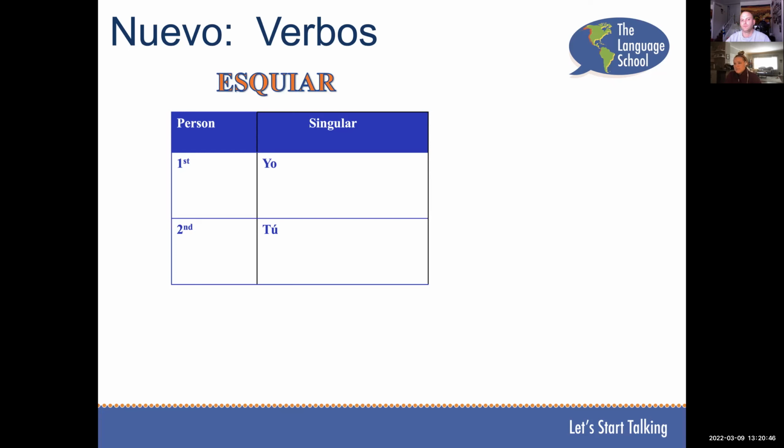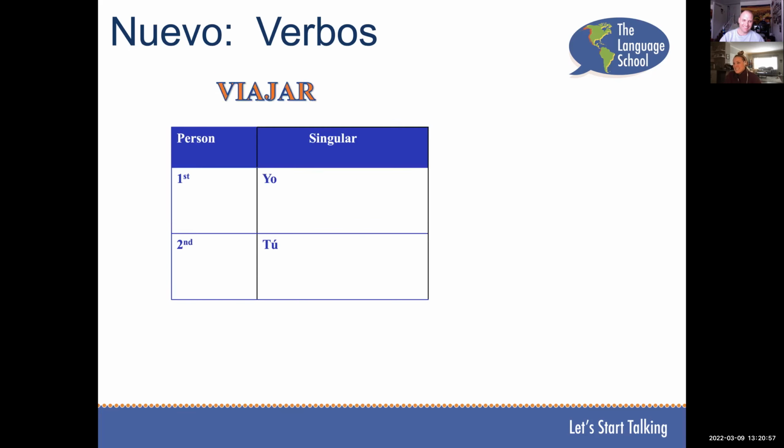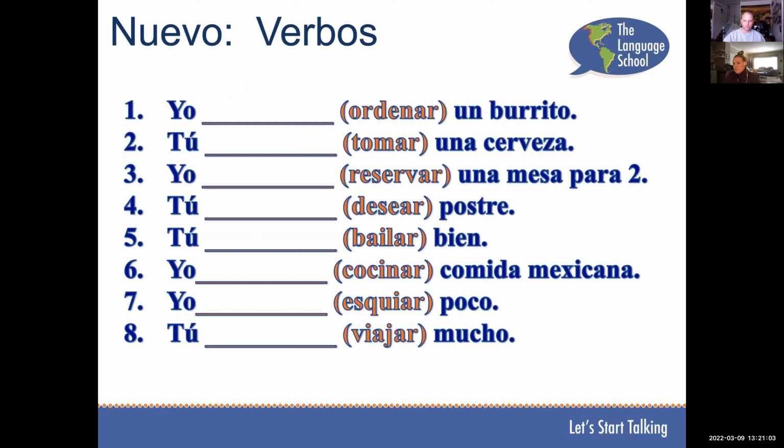Yo esquío, tú esquías. Oh, sorry, I thought that was an L. Yo viajo, tú viajas. Yo ordeno un burrito. Tú tomas una cerveza.